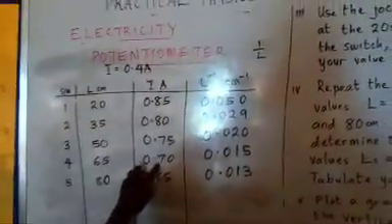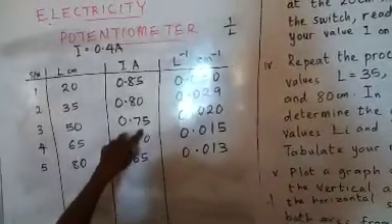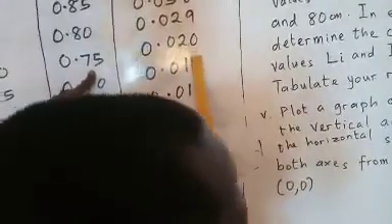Okay, now the next one is 0.75, and we have 0.20, which is somewhere 0.75.